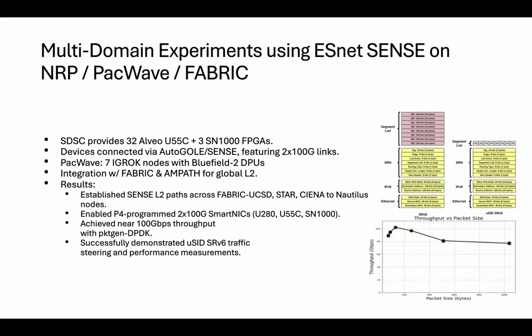This offers a more compact, smaller header size for packets, which allows for higher throughput and higher packet processing rates. And of course, this was also an experiment combined between NRP and FABRIC.